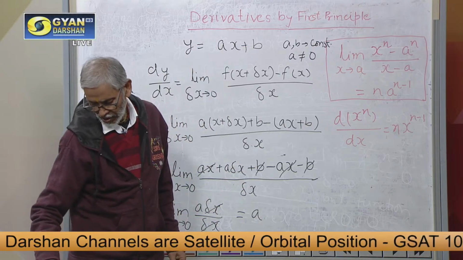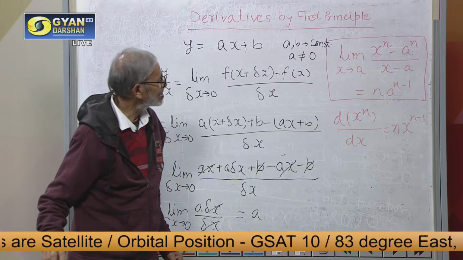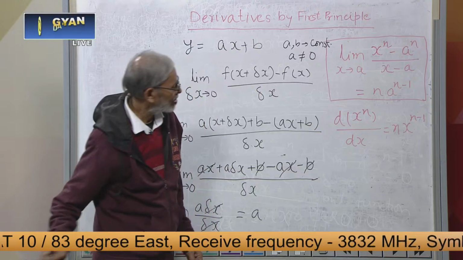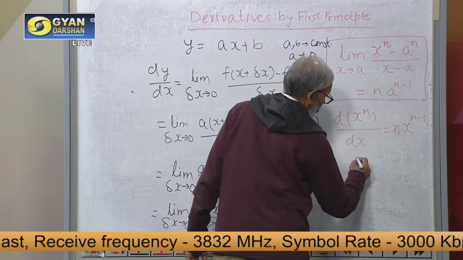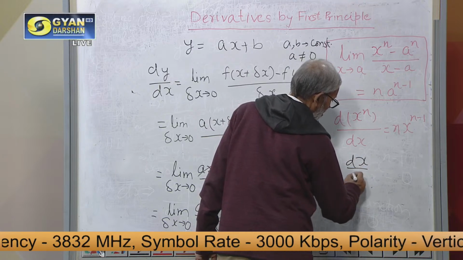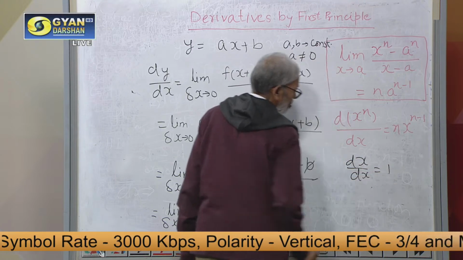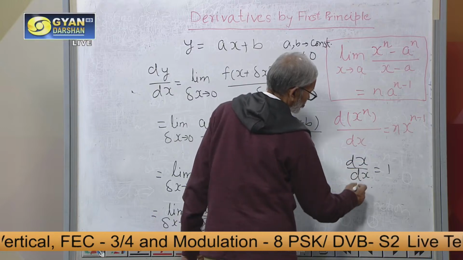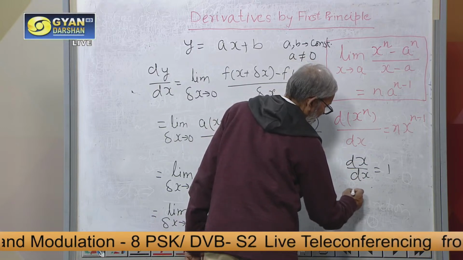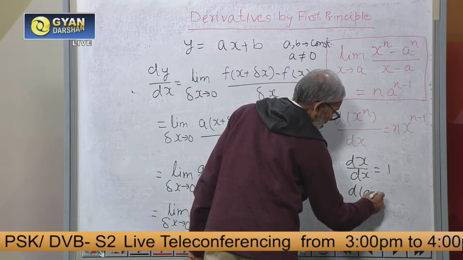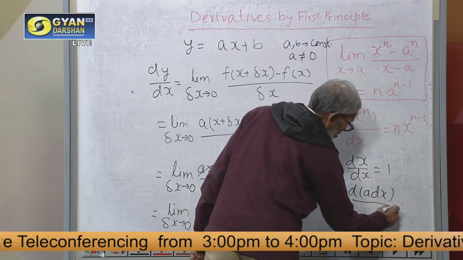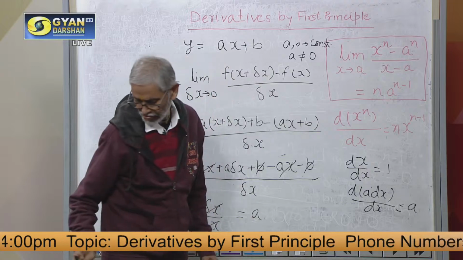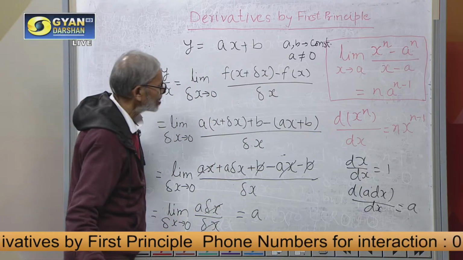So, if it is only a single power, it will become 1. dx upon dx is 1, or if it is d a x by dx, where a is a constant, it will be equal to a. Very simple.